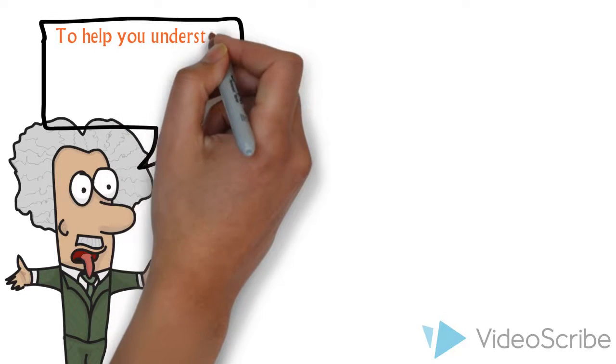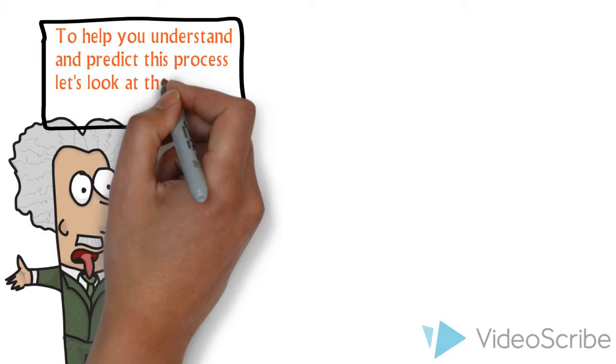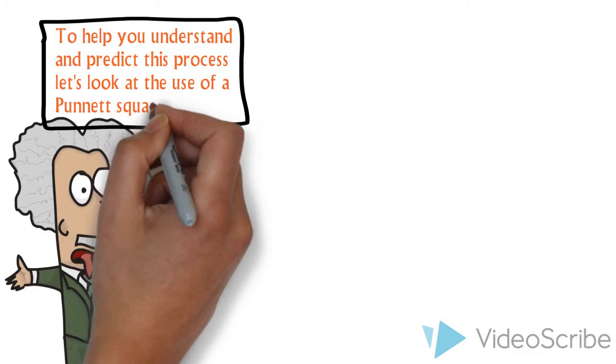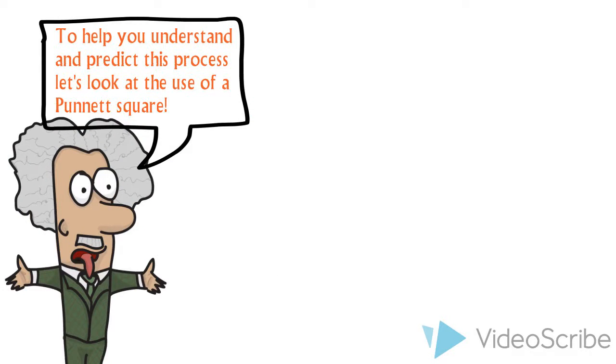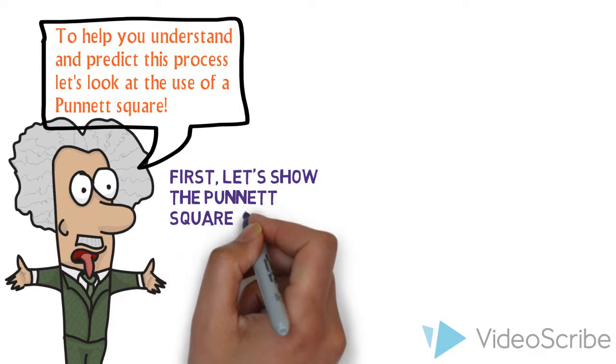To help you understand and predict this process, let's look at the use of a Punnett square. First, let's show the Punnett square for our true breeding purple flowered pea plants.